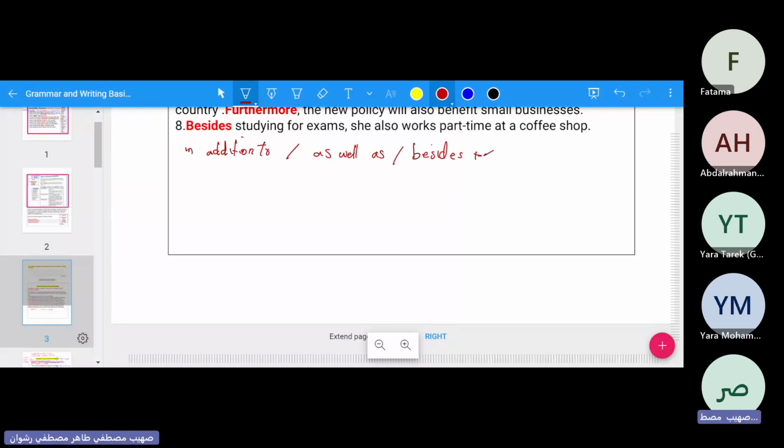They must be followed either by a noun or by a verb and ing. So don't use a subject and a verb after them. Don't start the sentence with a subject. This is the rule.